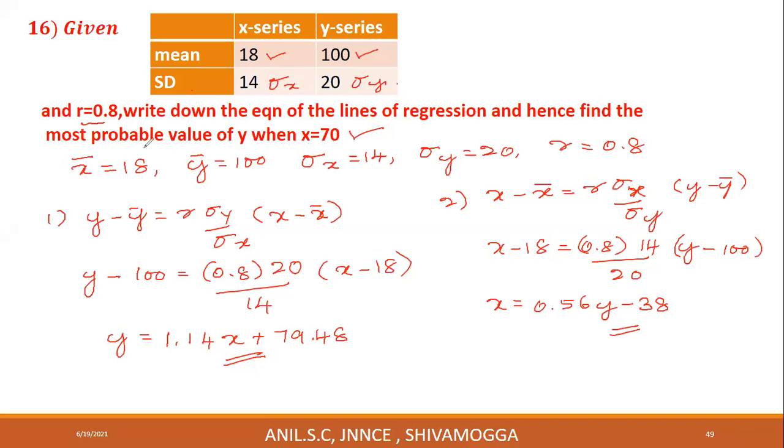Next, find the most probable value of y when x is equal to 70. Substitute here: 1.14 into x, x is 70, plus 79.48.